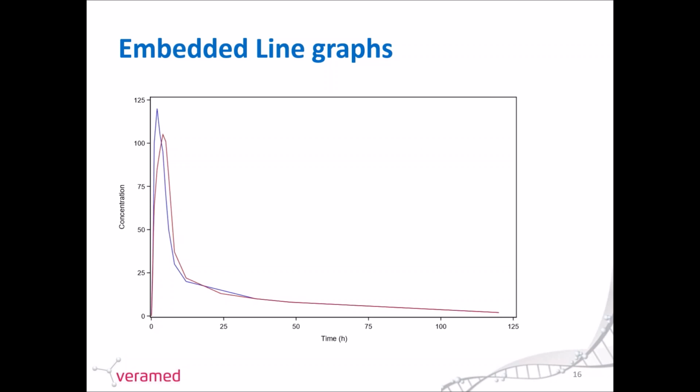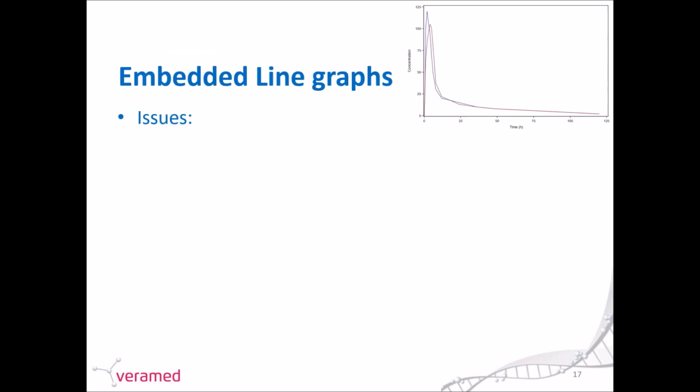PK is quite common because the concentration levels between early time points and late time points can have quite high variation, and you've got a large number of data points very early on in your profile. So there might be 80% of your points in the first 24 hours, and they're all condensed into the first 10–20% of this graph.